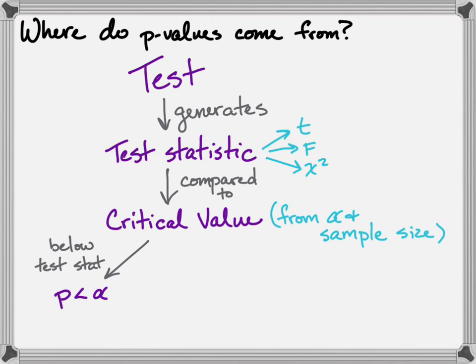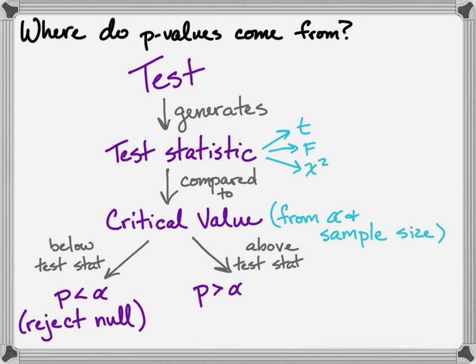You got a big test statistic, small critical value means a small p-value, smaller than your alpha, and you reject the null. If your critical value is above the test statistic, so you had a small test statistic and a big critical value, then your p is bigger than your alpha and you fail to reject the null. So that comparison of p to alpha is a little bit of review from the last slide, but there's another way to look at this.